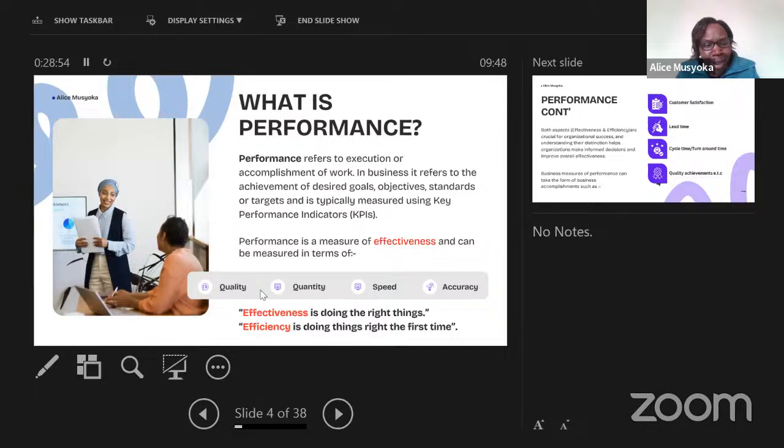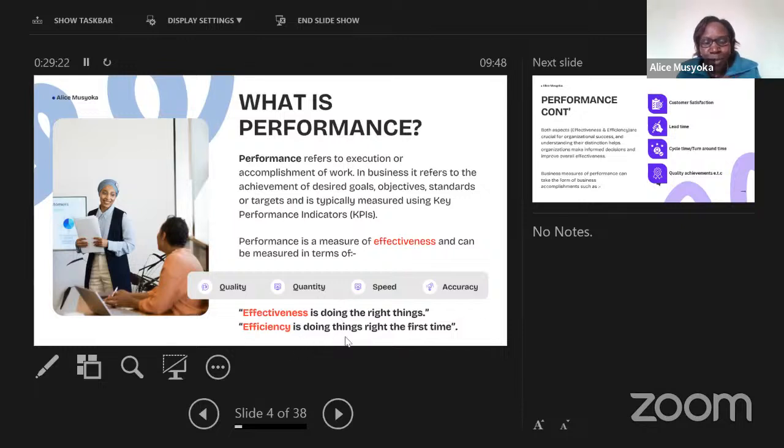In all these variables, I hope you are able to see the slide, isn't it? So when we look at quality, quantity, speed, and accuracy, you realize that cost is missing. There's no element of cost when we are talking about performance or performance management.